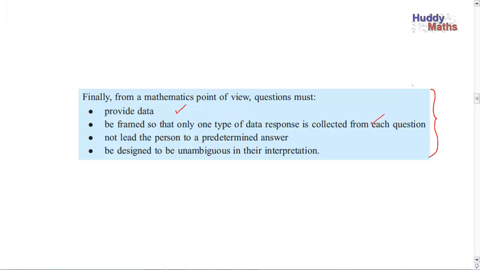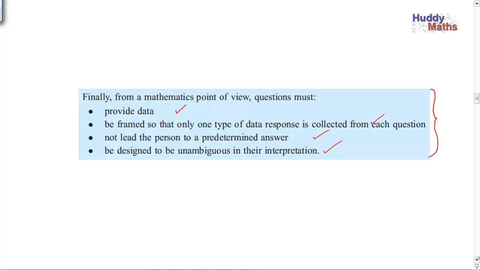Okay, so you must come out with a clear-cut category, if you like, or a length or whatever. Don't lead the person to a predetermined answer. The question there must be designed to be unambiguous, so the person understands clearly what is going on. There's no ambiguity, no confusion in the way the question is worded.